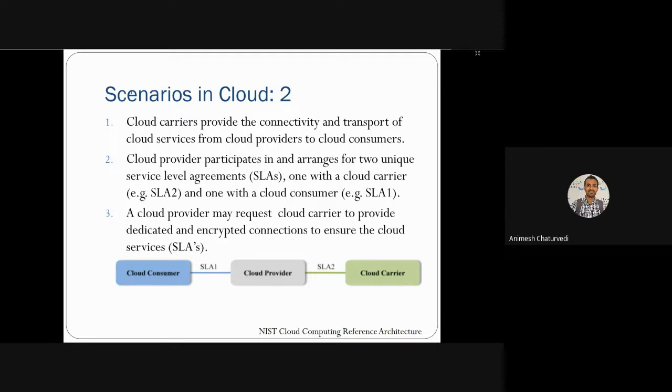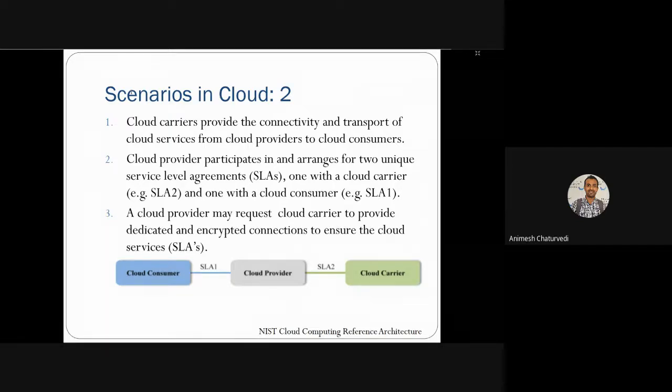The cloud carrier provides the connectivity and transport of service from the cloud provider to the cloud consumer. Then the cloud provider basically participates in an arrangement of two unique service level agreements, one with the cloud carrier and one with the cloud consumer.